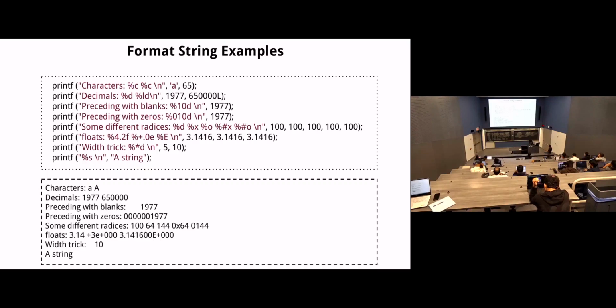Then obviously we can do decimal, hex, and all others with this. This one is a float. This is another trick with width. Also percentage s will print out a string. In this case, the first one is a format string, the second one is a string we want to print out. So we just print out the string. Okay, any questions with this?